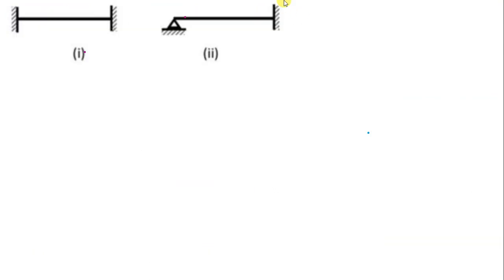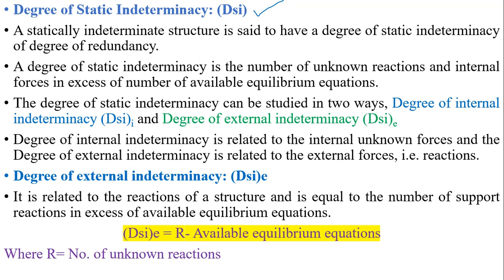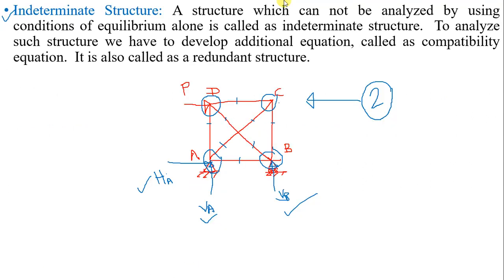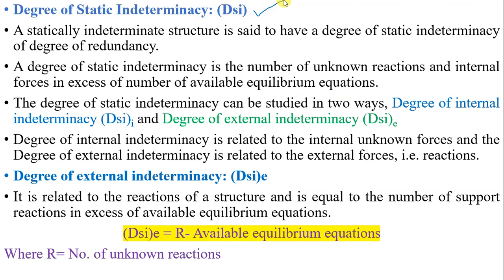What is meant by degree of static indeterminacy? A statically indeterminate structure, as we have just discussed, is said to have a degree of static indeterminacy or degree of redundancy. So degree of static indeterminacy is also called degree of redundancy.